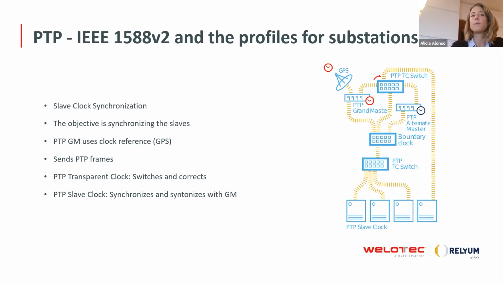When these PTP supervision frames go across one switch, the switch has to calculate the delay that is introduced by itself and corrects the time reference taking into account this delay. And again, it generates a PTP supervision frame and sends it into the network. And you can follow different hops until you reach the destination, one of the slaves, that extracts the time reference from the supervision frame and synchronizes itself with this time reference.